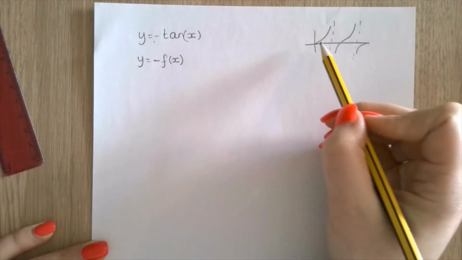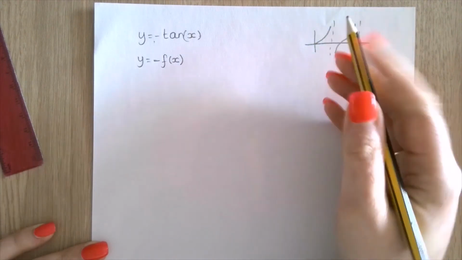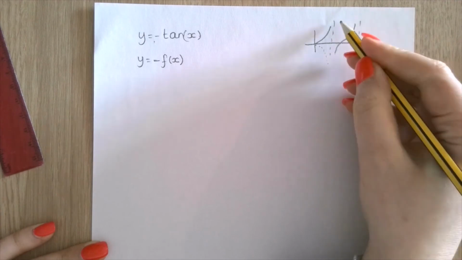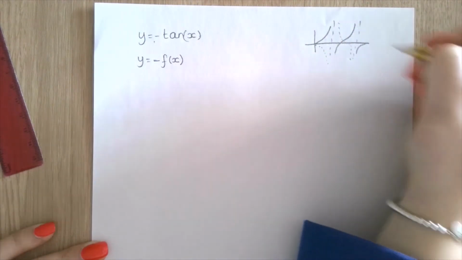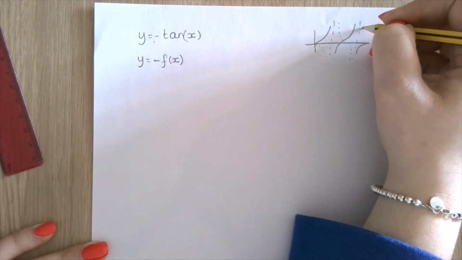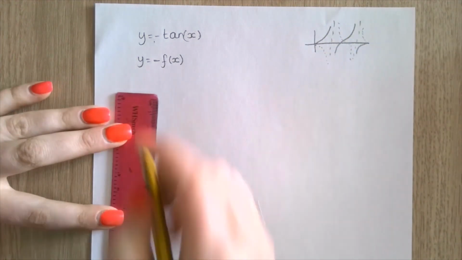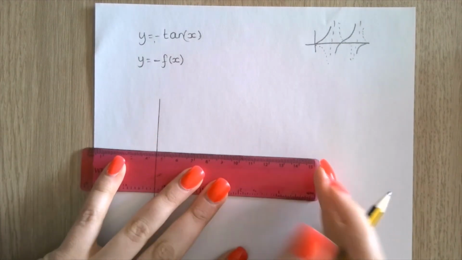And so what's going to happen is this point up here will become and look something like this. This will become up here and so will look like this. This point will come up here and we'll have something that looks like that. So just to show you, I've drawn this quite big.